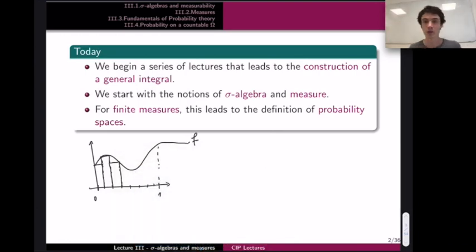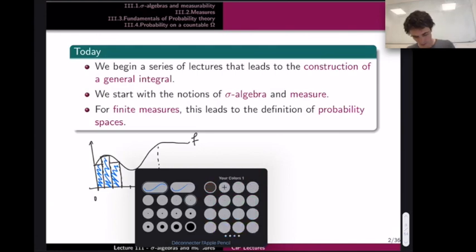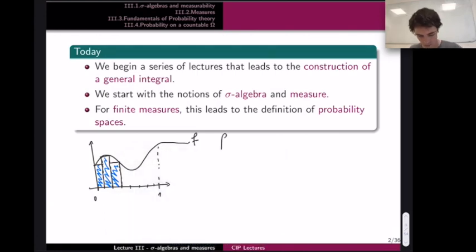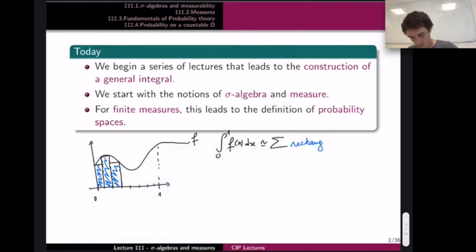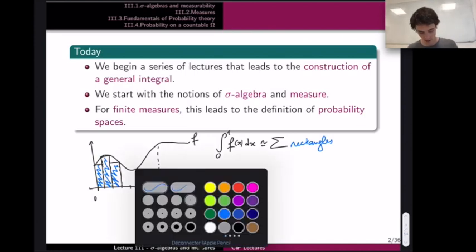What I know how to do is to compute the area of these rectangles here in blue, and I will approximate the integral of f. So the integral of f of x dx from 0 to 1 will be approximated by the sum of these rectangles. I'm not saying exactly how these converge, when it converges, and so on, but that's roughly the idea of the Riemann integral. There are several limitations to this.